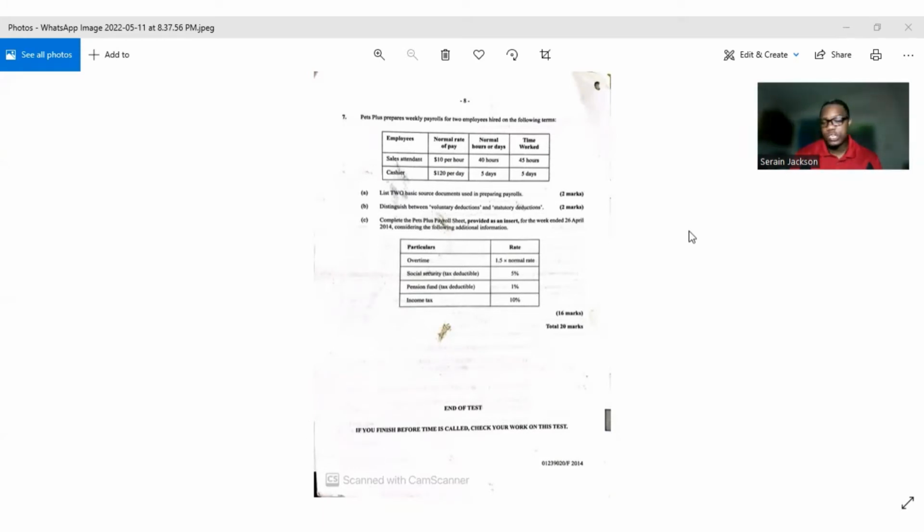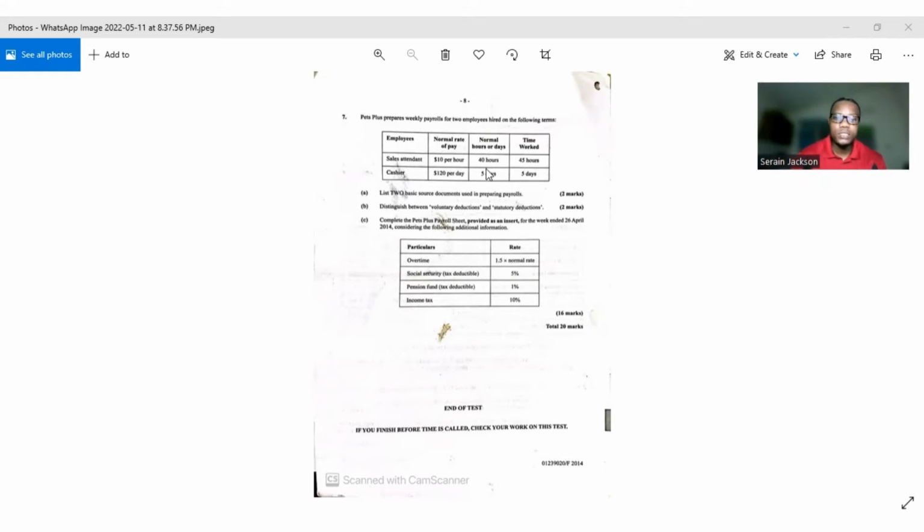There are certain information that you would need to collect when calculating salary for employees, such as the time that they work, the amount of work that they do in some cases. But mainly, people are paid based on time. They call it the time rate. So that's the most common one, and so that's the one that is most often tested. This question is such.